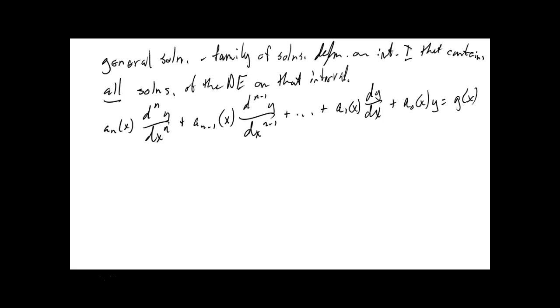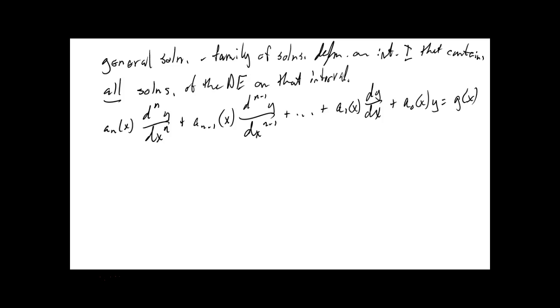These A's are not in any way related to each other. These A's are just the coefficient functions. This could be a 1, this could be a 0, this could be 7/3 pi r squared times the log of x to the second power.